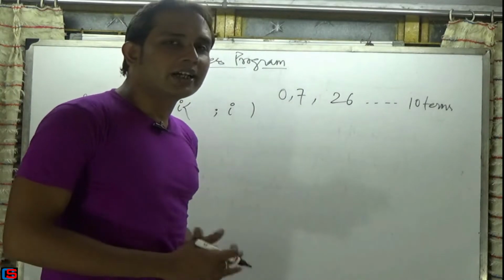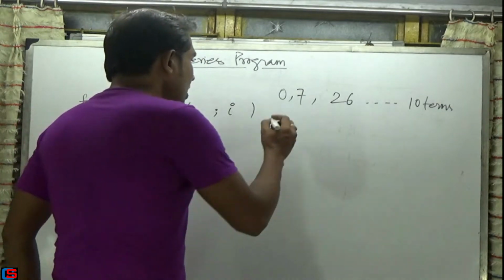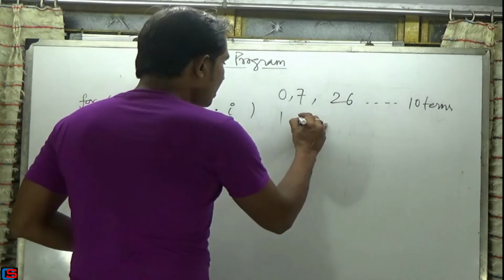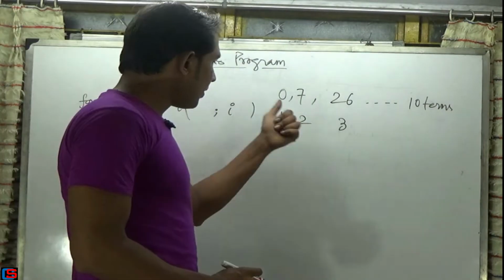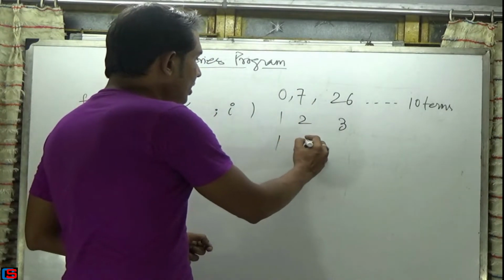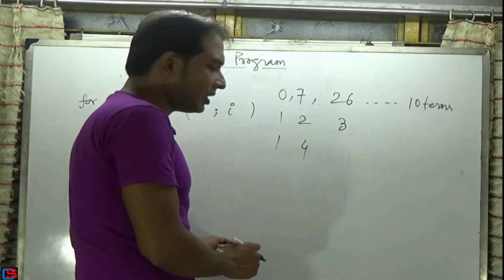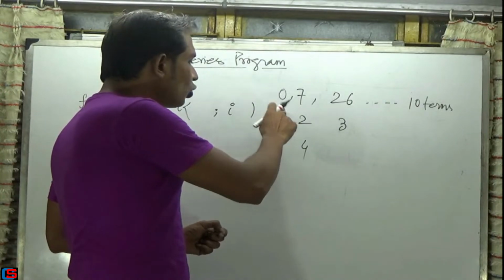Now come to the third series program, 0, 7, 26. Again I am just applying the same tricks. So write the serial numbers 1, 2, 3. Now if I just power this number, what is the power? Square. So the square becomes 1, this becomes 4. From 4, 7 is not possible to generate, so I am going to cube this number.